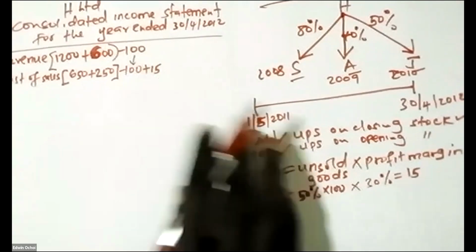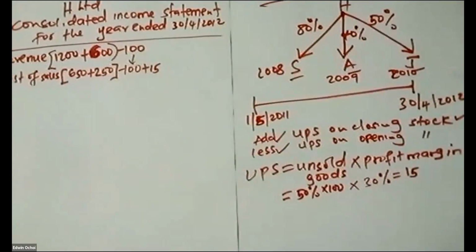But there was none, because there are no transactions of goods which were sold in the last financial year, at the end of the last financial year, which could be an opening. If there had been, we would have determined the unrealized profit on stock, and that one would be our opening UPS.